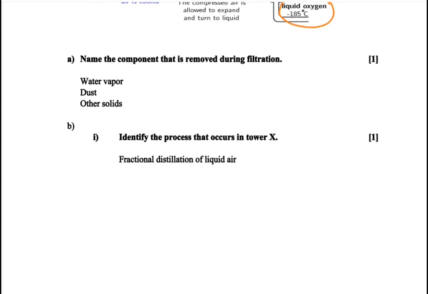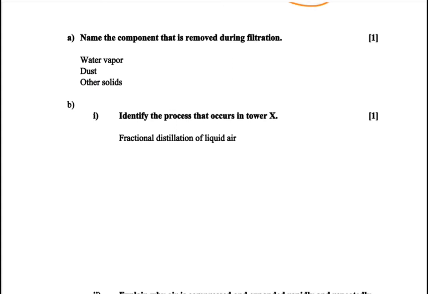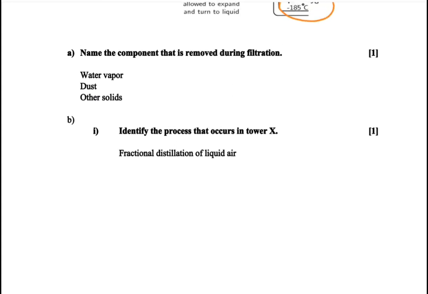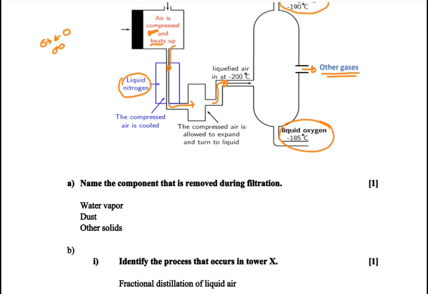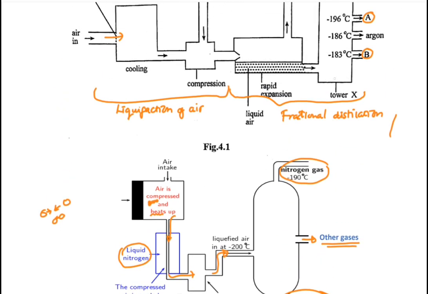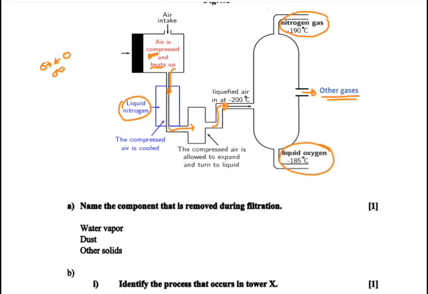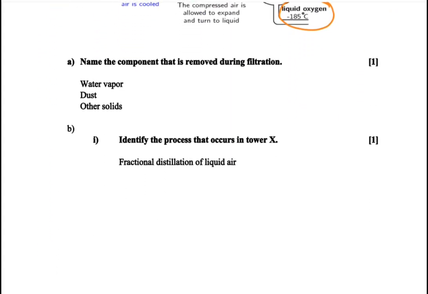Question B1: identify the process that occurs in tower X. This one is our tower X. What is occurring there is that the air is being fractionally distilled and there is separation of gases. So the answer is the fractional distillation of liquid air.